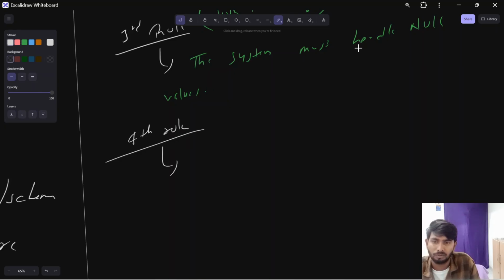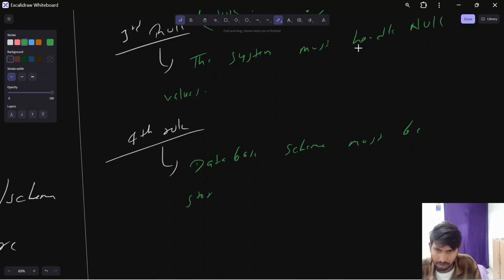Now we have the fourth rule. In the fourth rule, we can say the database schema must be stored as a relational model, or we can say a table.